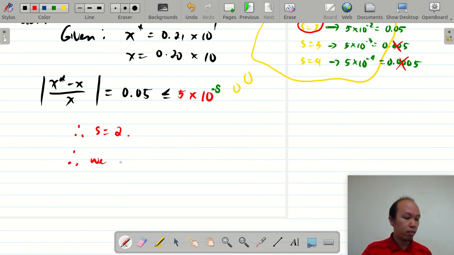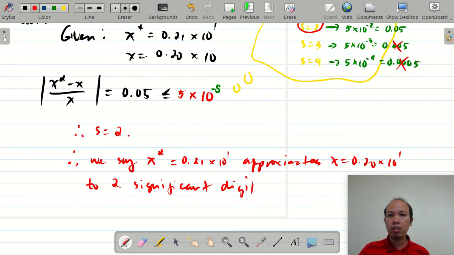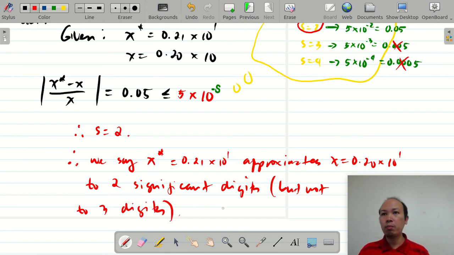Therefore we say x asterisk, which is equal to 0.21 times 10 to the 1, approximates x, which is 0.20 times 10 to the 1, to 2 significant digits, but not to 3 digits, but not to 4, but not to 1, but 2 significant digits. Okay, so this is the end of the solution.